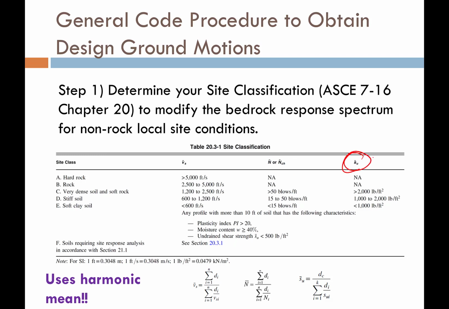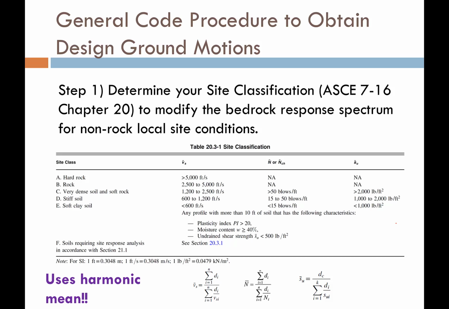And the same is true with using undrained shear strength. The average undrained shear strength for the soil column in the upper 100 feet, again, computed using a harmonic mean. But again, here's the ranges that we'd use for site class C, D, and E. The point being that you are going to define whatever your site class is.